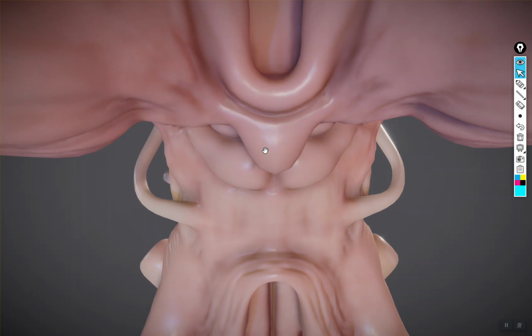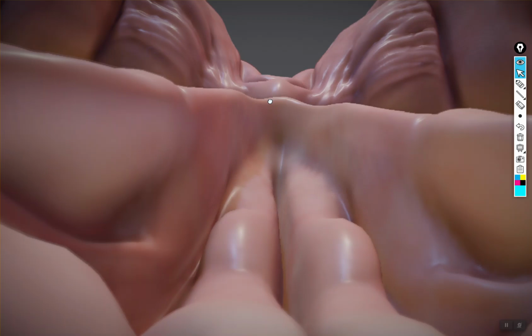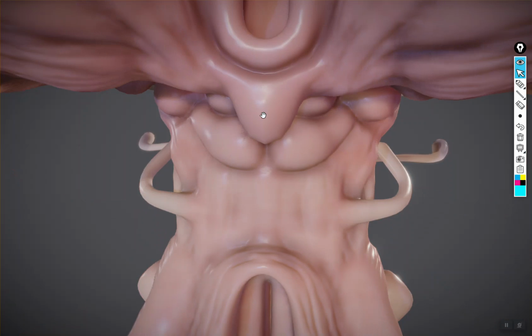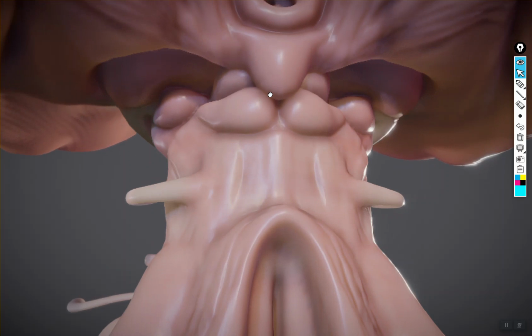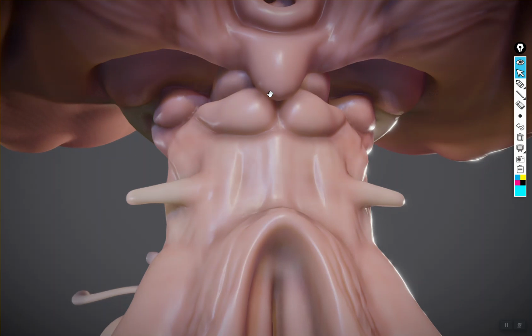There, okay. So this is the posterior aspect of the midbrain, kind of looking up from below, and you're going to see these little lumps up here, and then right below them, these little lumps.